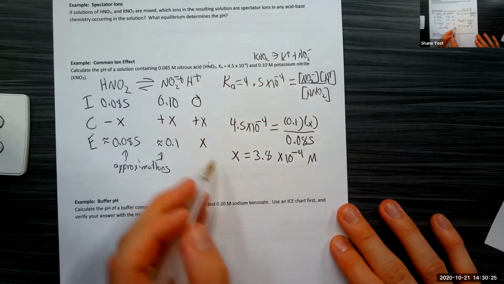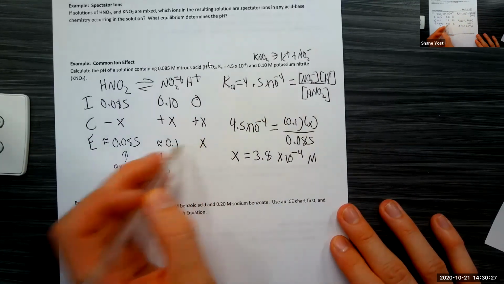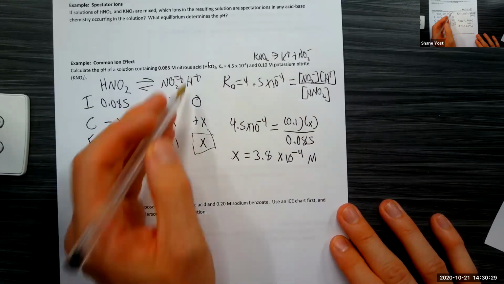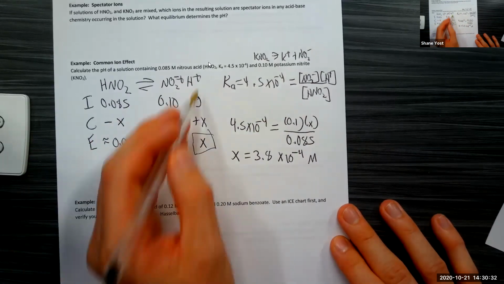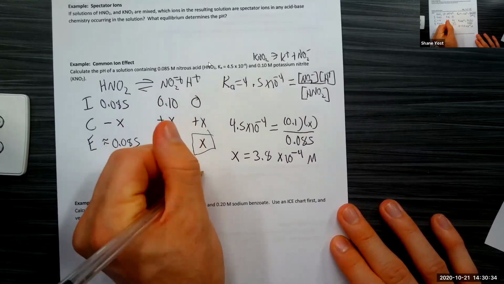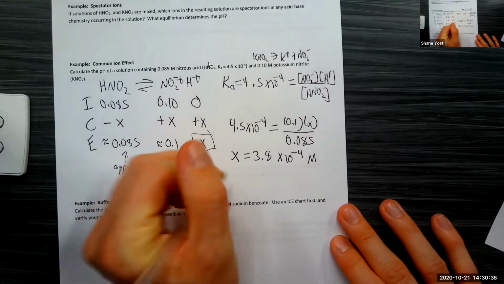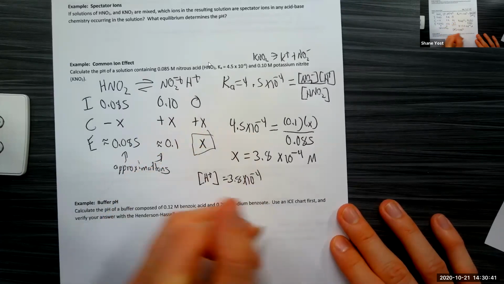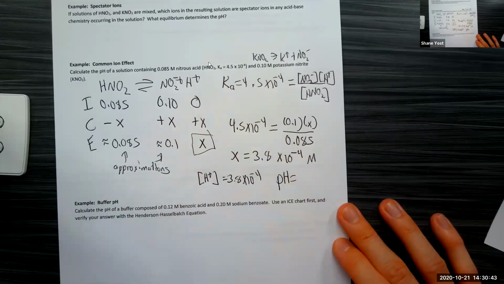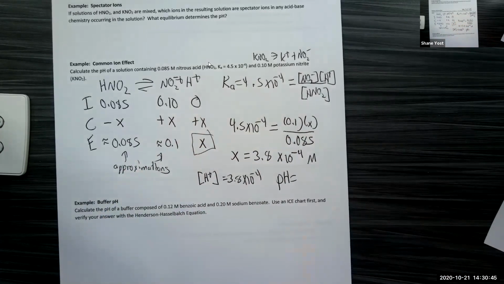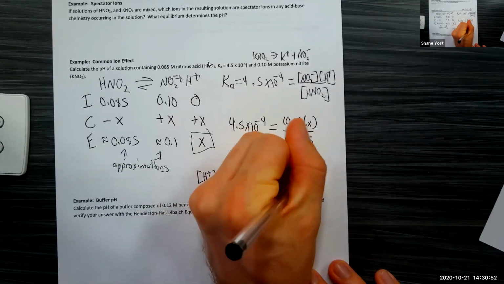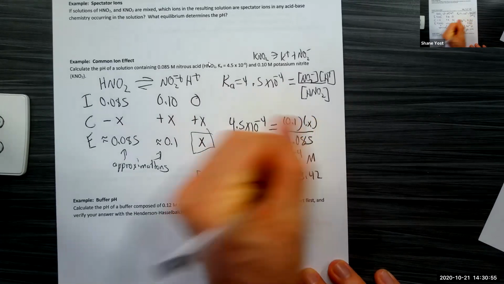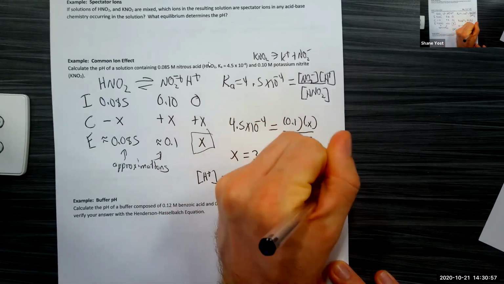And again, that X is our equilibrium concentration of H plus, because X here is the equilibrium concentration for H plus. So the concentration of H plus at equilibrium is equal to 3.8 times 10 to the minus 4. So the pH, which is just the negative log of that concentration, is 3.42.